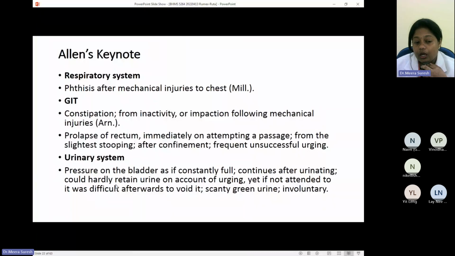He could hardly retain urine on account of urging, and if it is not attended, it was difficult afterwards to void it. So that constant pressure sensation, like cystitis, that feeling of fullness of bladder, which is not ameliorated even after passing urine, we can see over here.